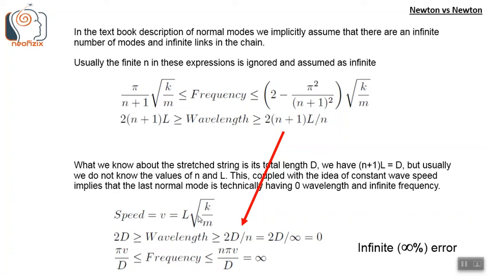Because when we ignore this 2 into n plus 1 term in the lower limit of the wavelength in the ab initio calculations above, we basically replace this 2 n plus 1 L by this total length 2D. Where n plus 1 into L is D, the total length of the arrangement. So 2 n plus 1 L we just replace by some finite value D.